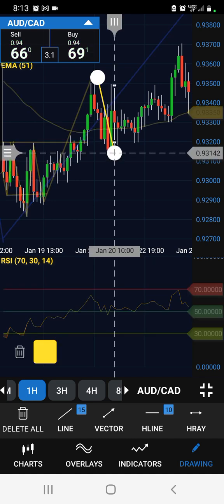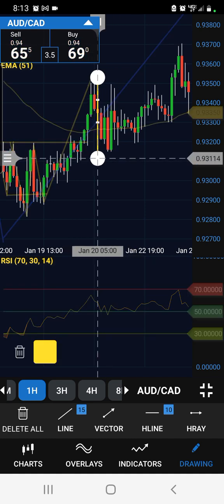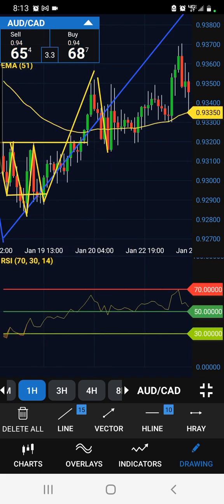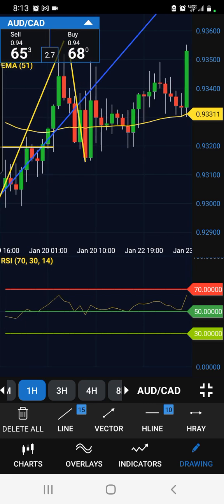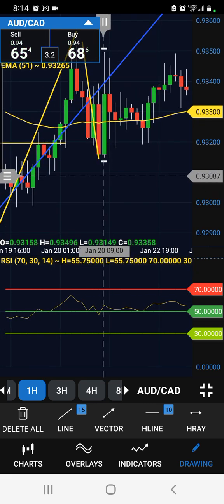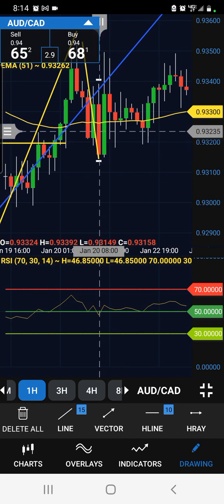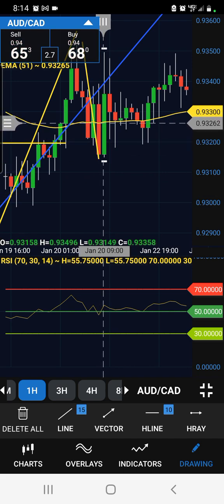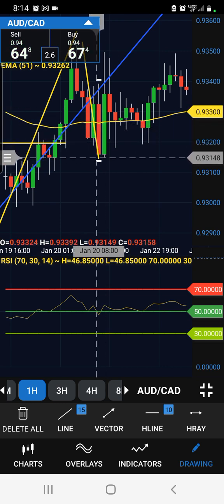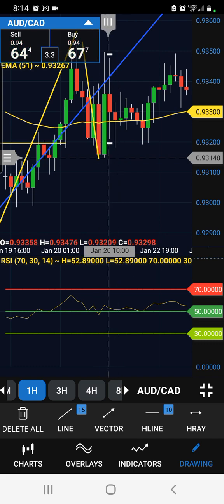Get confirmation that the trend would actually change from a downtrend to an uptrend, which it did, with what I believe to be a bullish engulfing candle, because the body of this green candle here engulfed the body of this red candle here.